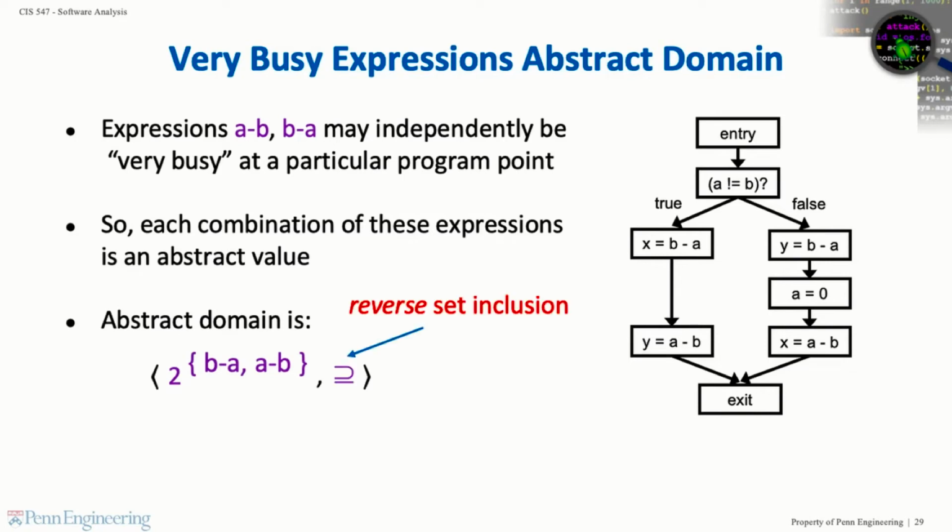Furthermore, these abstract values are partially ordered by reverse set inclusion, since a larger set of very busy expressions corresponds to a more precise abstract value. In contrast, abstract values in reaching definitions analysis were ordered by set inclusion, since a smaller set of reaching definitions corresponded to a more precise abstract value.